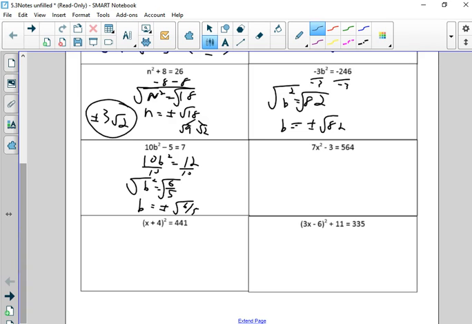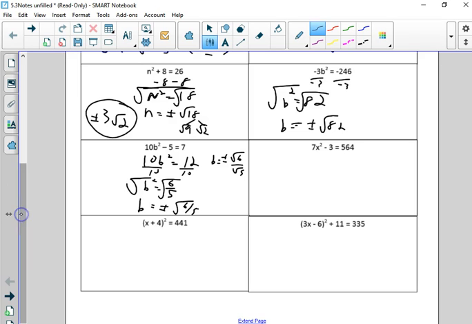Which technically is square root of 6 over the square root of 5, right? And we're technically supposed to rationalize that. But we didn't do that, so don't worry about it. We'll leave it like that. The next one, we add 3 and divide by 7, same thing, nothing new there.